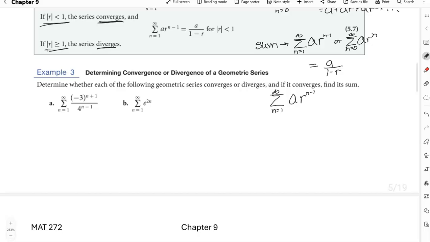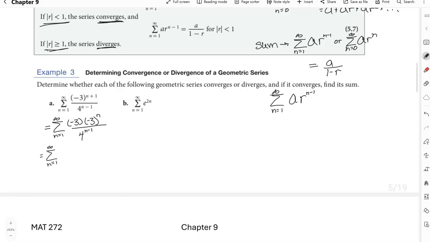So I've got an n minus 1 on that 4, but I need to rewrite that -3 as an n minus 1. So let's see if we can rewrite some things. What if I were to rewrite this as -3, and then this would be -3 to the n over 4 to the n minus 1?